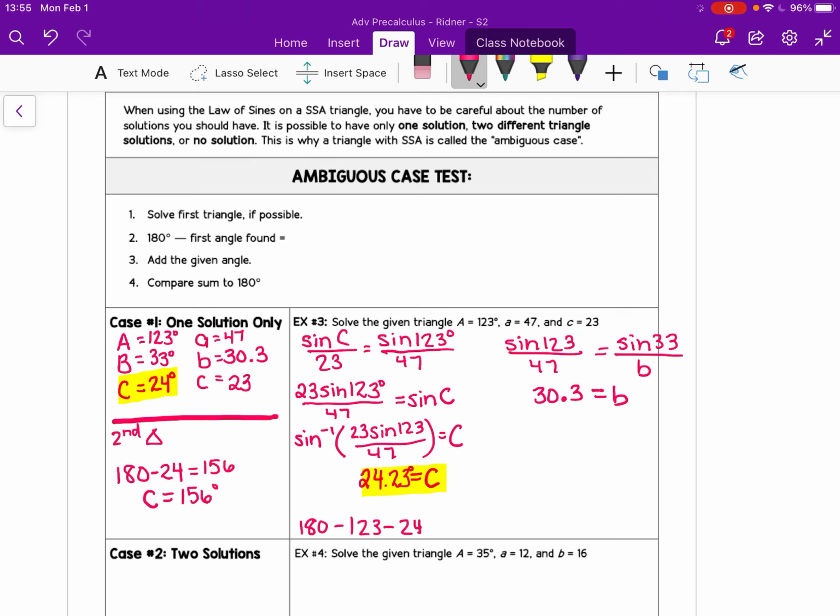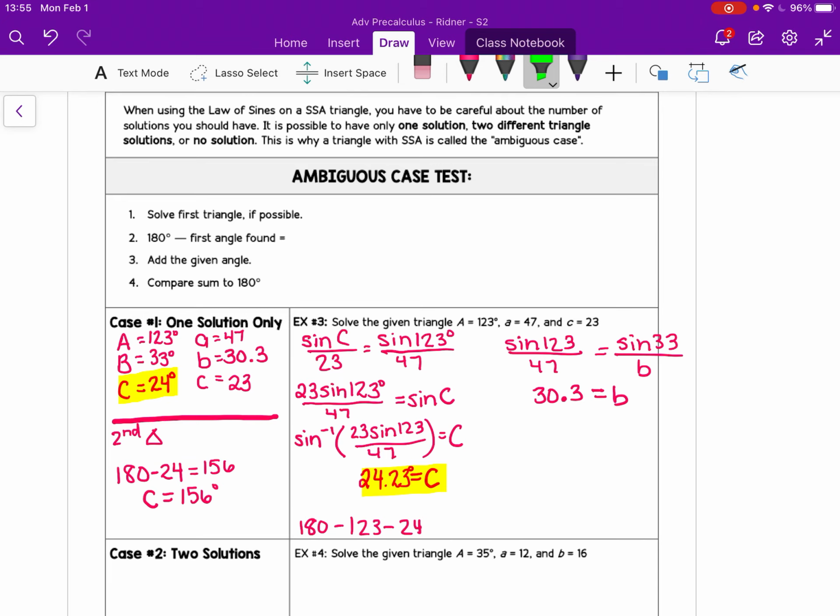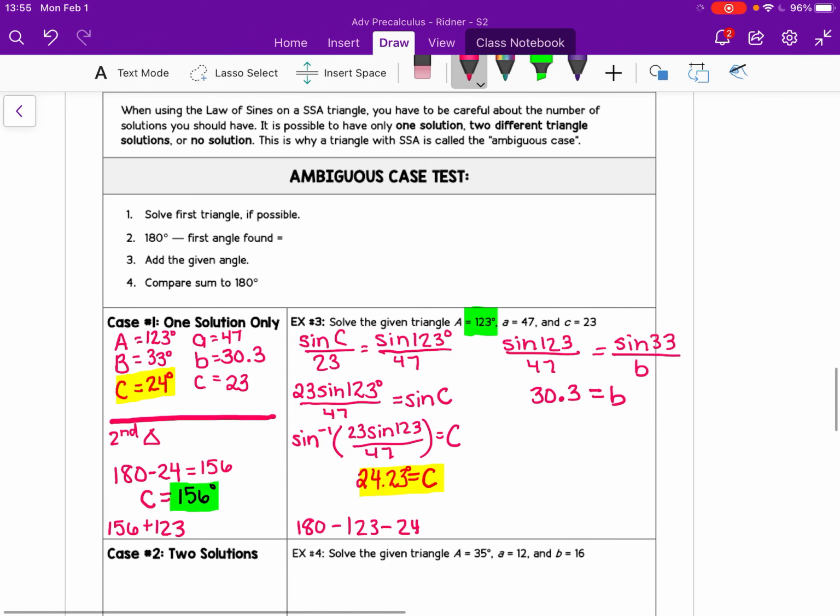Okay, here's my problem with that. I was given the 123. So here's 123. Here's 156. This is what I like to say busts. What that means is that 156 plus the 123 is greater than 180 degrees.